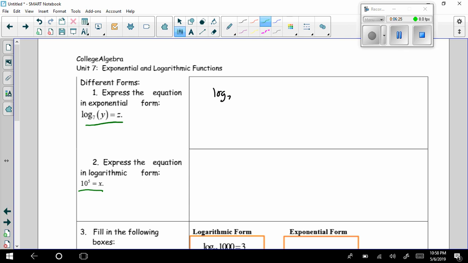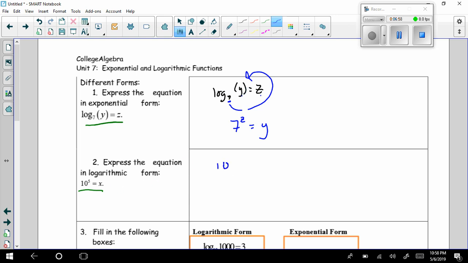Log base 7 of y equals z. Let's try that. So starting over. 7 to the z power is equal to y. So again, always just starting with your base value, exponent, what it's equal to.